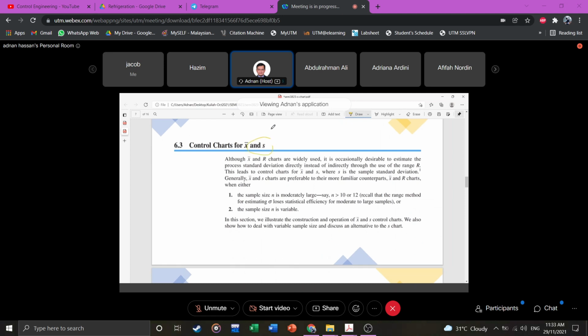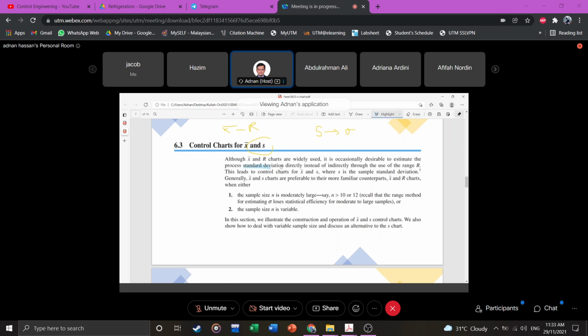We have seen the X bar chart and the R chart, but now we move to the S chart. The S chart is the standard deviation chart. S is for a sample; sometimes for a population, you take it as sigma. Although X bar and R are widely used, occasionally it is desirable to use standard deviation.